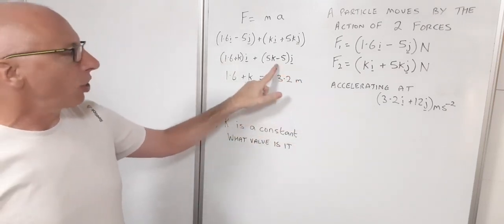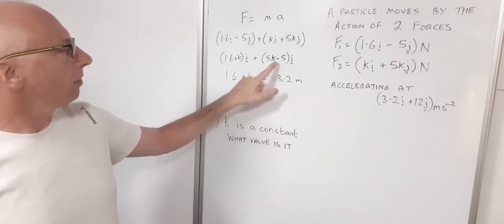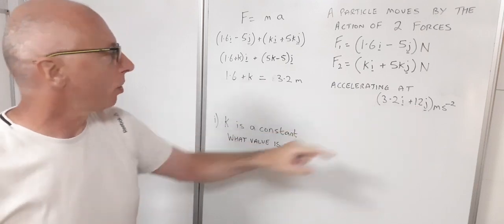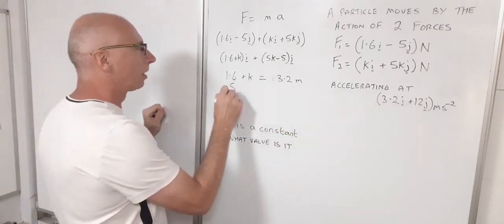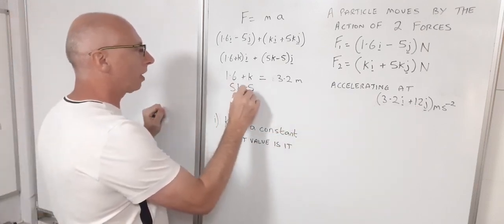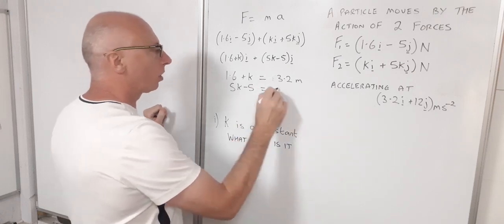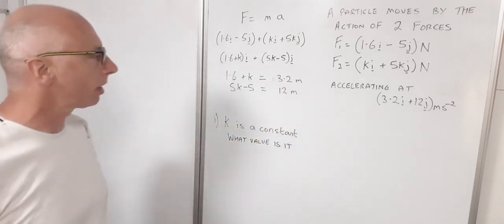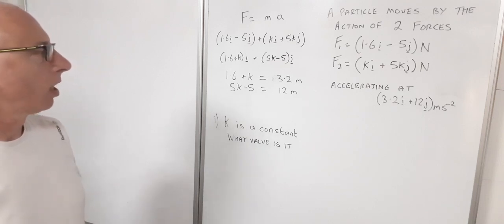Now the second one, for the j component, I've got 5k minus 5, and this one here is given as 12. So 5k minus 5 equals 12 times the mass. So that's mass times acceleration.